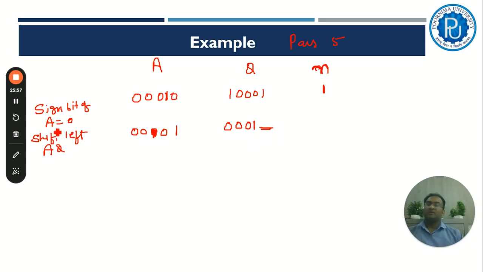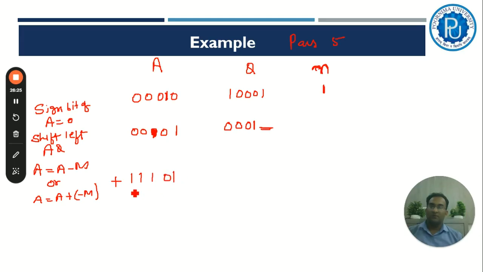Whenever the sign bit of A is equal to 0, we have to subtract M from the accumulator. So we are going to perform A equals A minus M, or we can say A equals A plus minus M. So we are going to add the 2's complement of 3, which is 1 1 1 0 1.